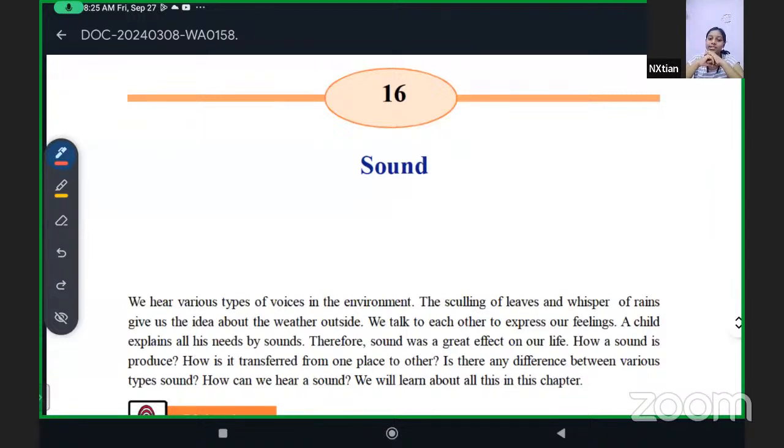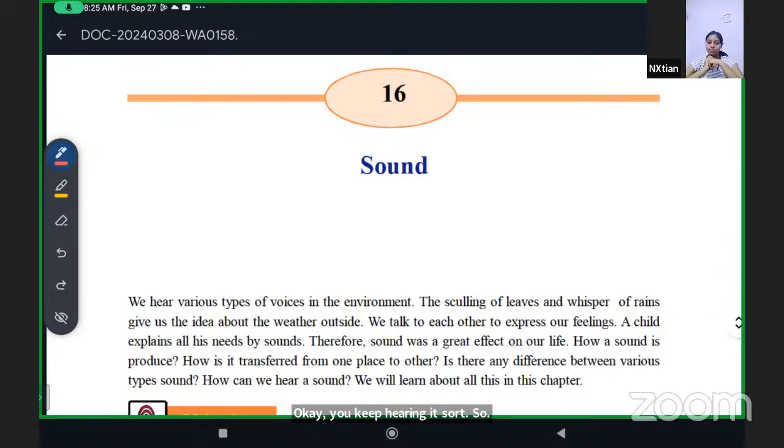So today we are going to start with a new chapter that is sound. Now, there are various types of sounds that we hear in our day-to-day life.